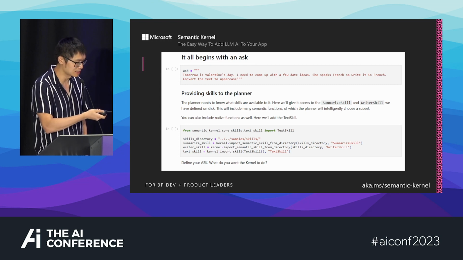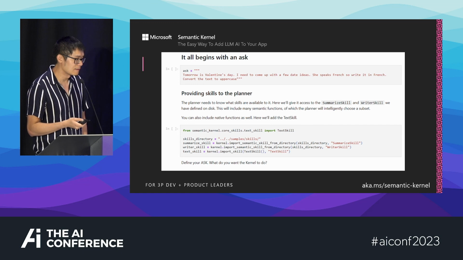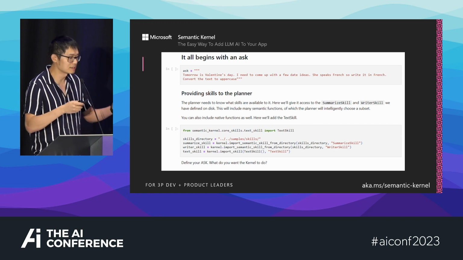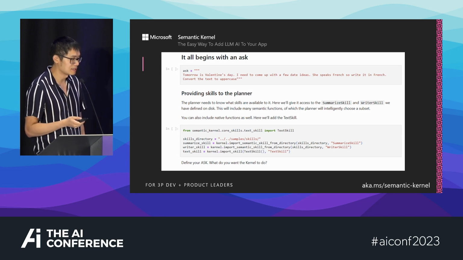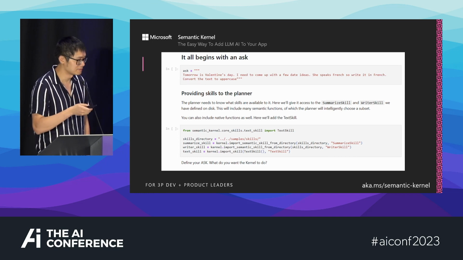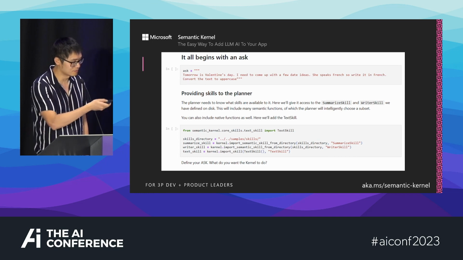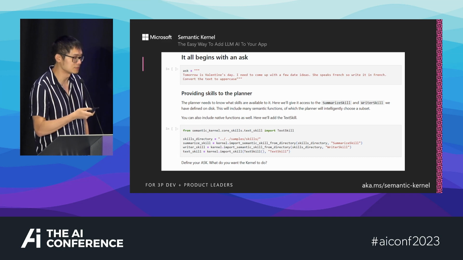In this case, there's a summarize skill, a writer skill, and a text skill, and each of those skills have separate functions underneath that can each have their own prompts, but these are the top-level things that are imported to the kernel.